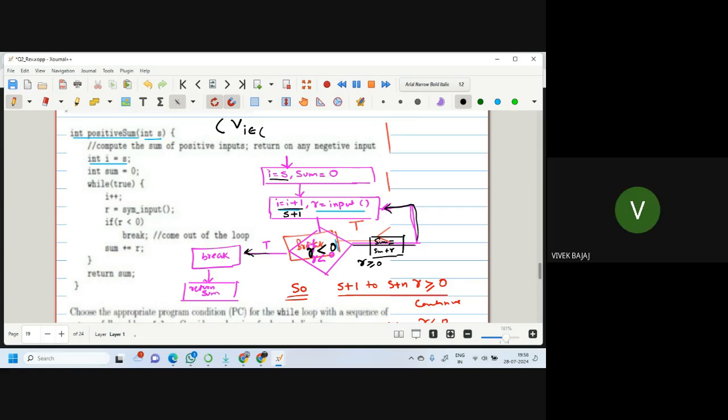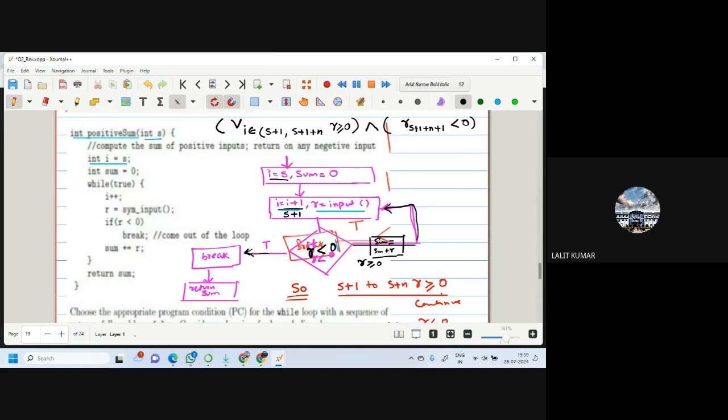It will go to some value S plus 1 plus N as long as R is greater than or equal to 0, and the break condition will come at S plus N plus 1, where R is less than 0. Is this clear? Yes.